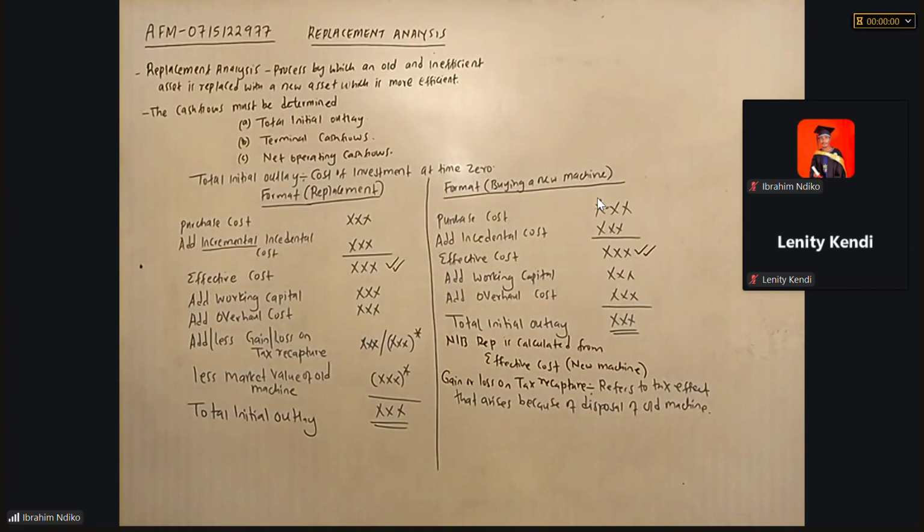So the tax effect that arises because of selling an old machine is what we mean by gain or loss on tax recapture. Now you need to know how to compute it.